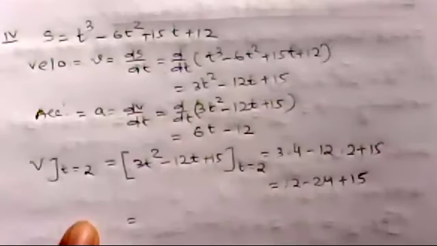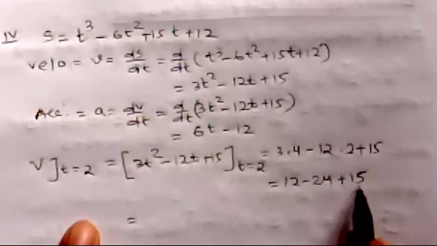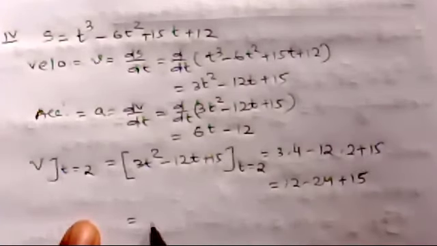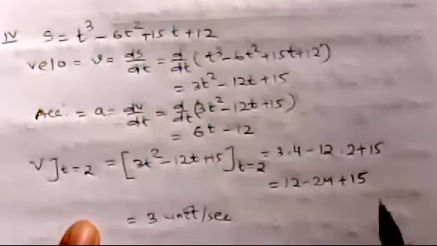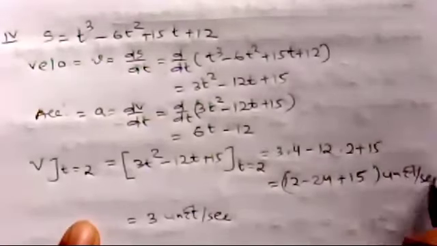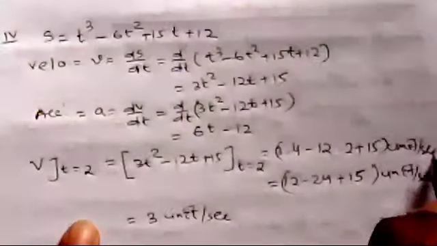This is equal to 12 minus 24 plus 15. 12 minus 24 is minus 12, and 15 minus 12 is 3, so this is 3 unit per second.